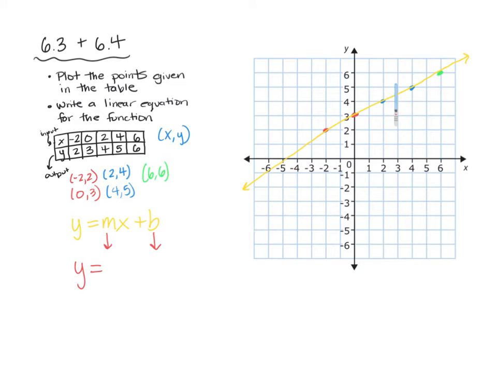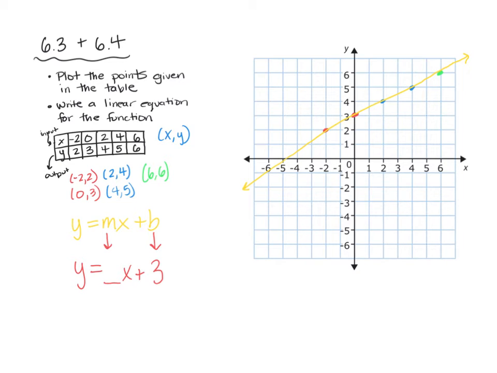So this line crosses the y-axis at 3. In y equals mx plus b, b represents the y-intercept, so b would have to be 3 because that's where this line intersects. So I already have one part of my equation. I also have x, and I just need to find my slope.